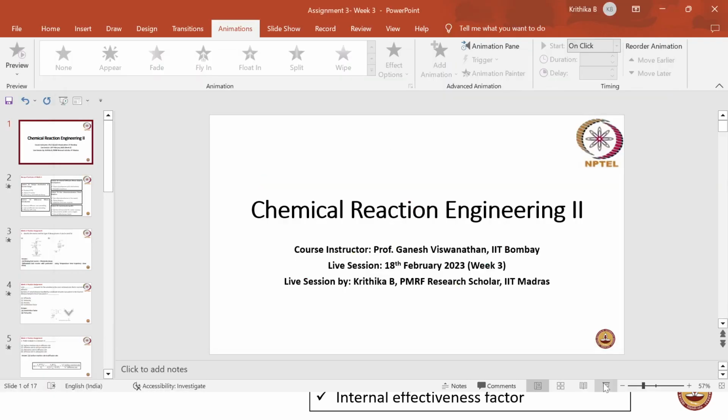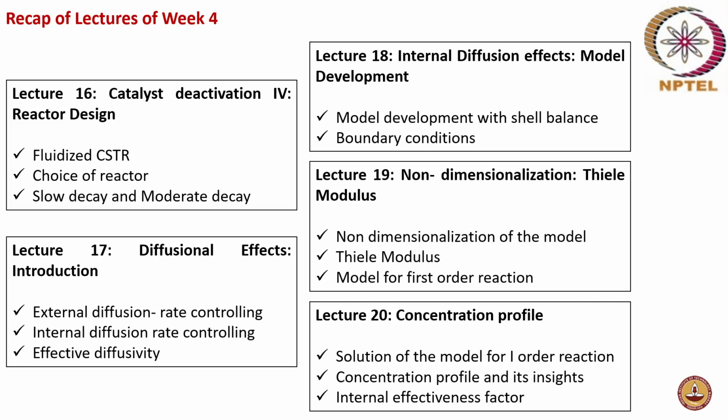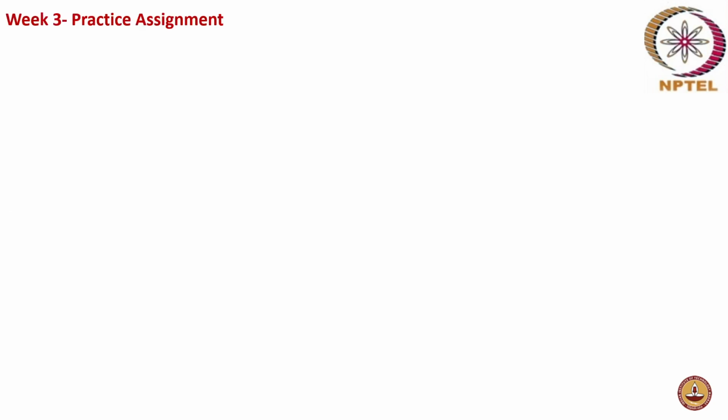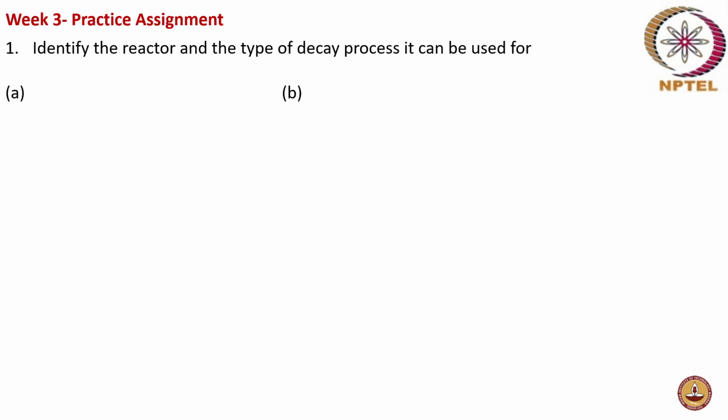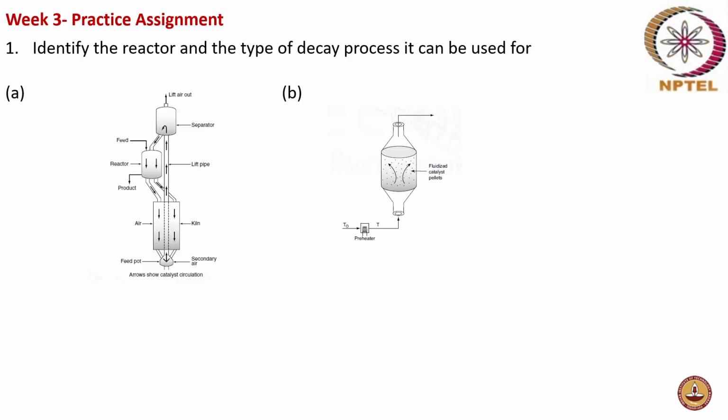Okay, now let's move on to the week 3 practice assignment. Identify the reactor and the type of decay process it can be used for. I'll be showing you two reactors. You have to identify what these two reactors are, and for what type of decay process they can be used. Option A shows a reactor.